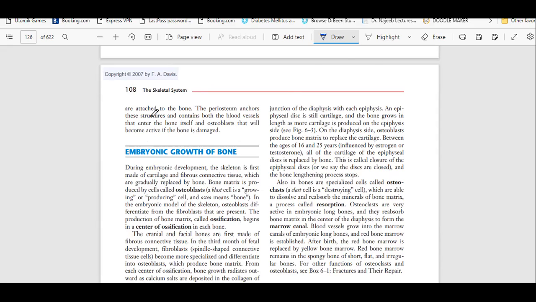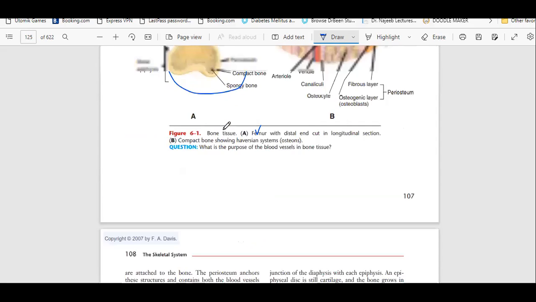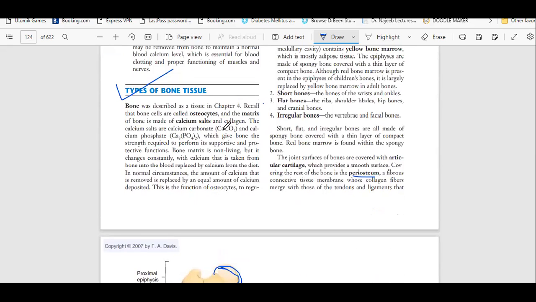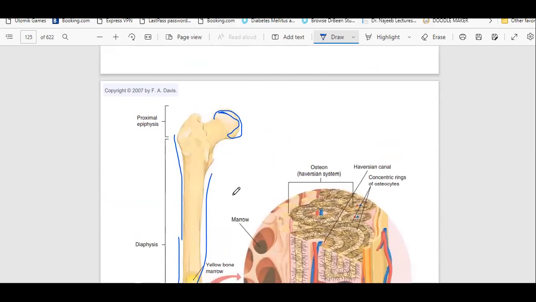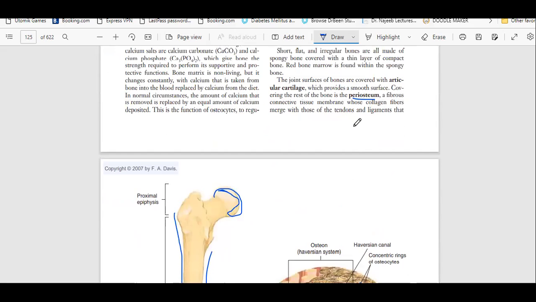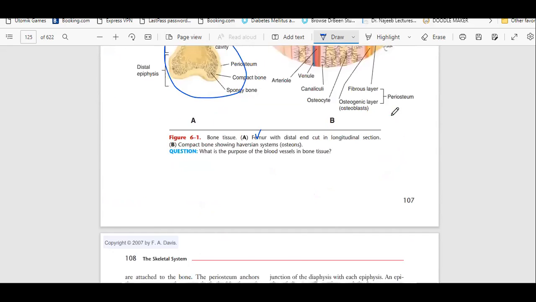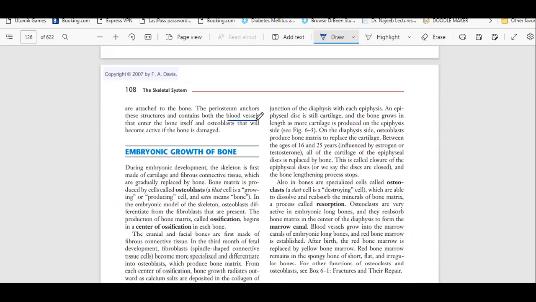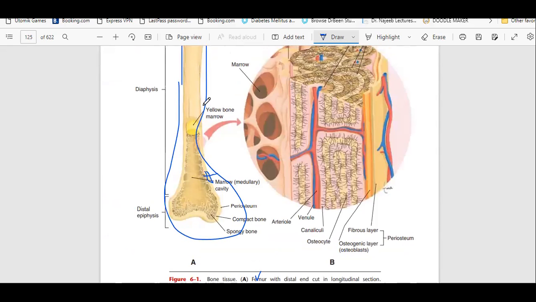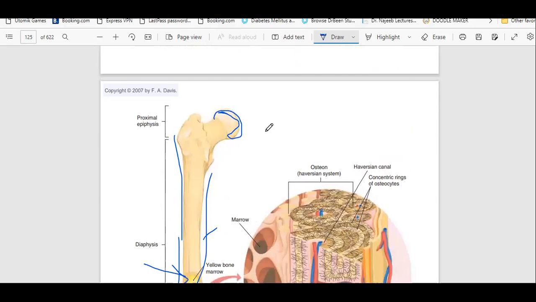The periosteum anchors these structures and contains both the blood vessels that enter the bone itself and osteoblasts that become active if the bone is damaged. Everything attached to the bone, like tendons, ligaments, which we will talk about later, and blood vessels, enters the bone with the help of the periosteum. That's the reason the covering is there.